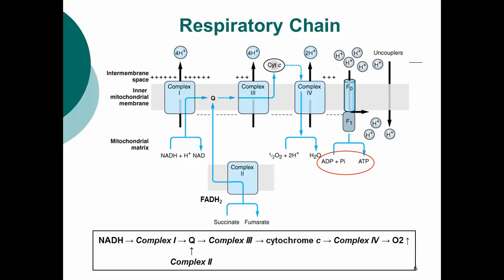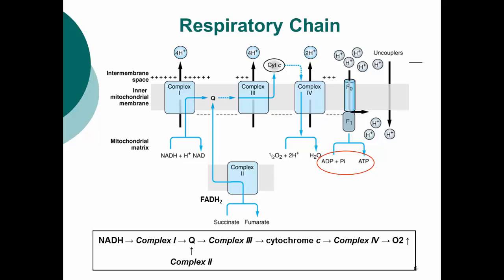So, for example, NADH transfers electrons to complex 1 and then 3 and 4. That's the reason why NADH is able to generate 3 ATPs, right? Each complex creates enough protons for 1 ATP production, energy.